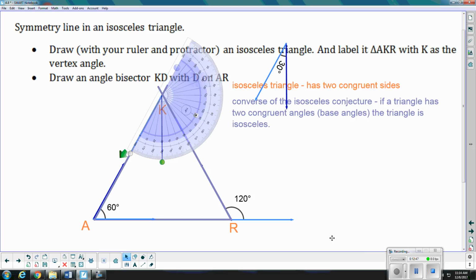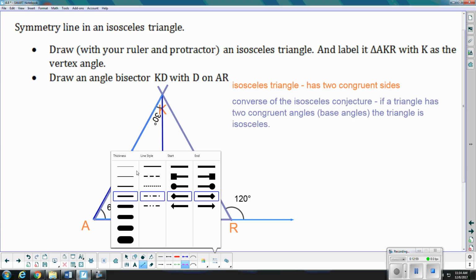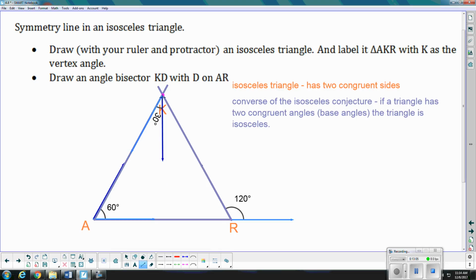All right. And then I'm just going to have to extend that side again so that it goes all the way over to my opposite side. Okay, so that's my angle bisector, that pink line, and then I've got to label it D.